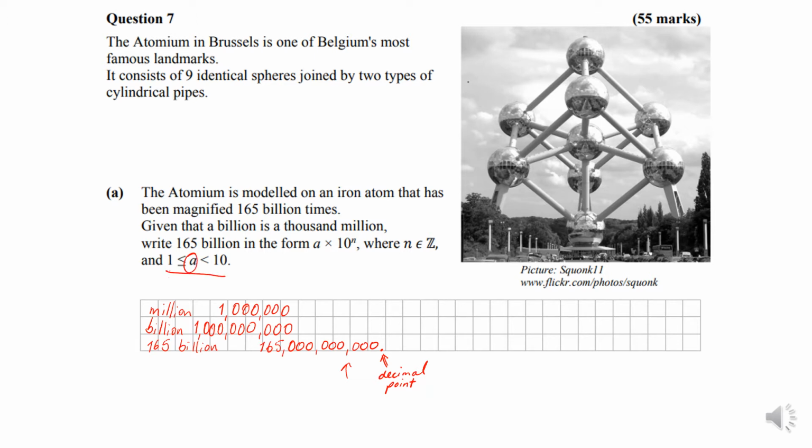So let's move it, and we count how many spaces we moved it at the same time. 1, 2, 3, 4, 5, 6, 7, 8, 9, 10, 11. So I'm going to leave it here between the 1 and the 6, and I moved 11 spaces.